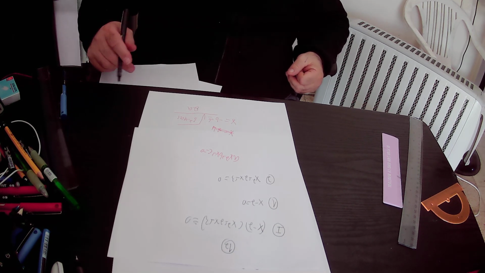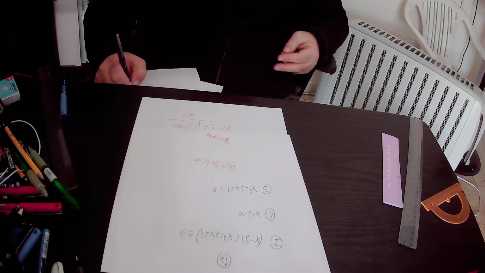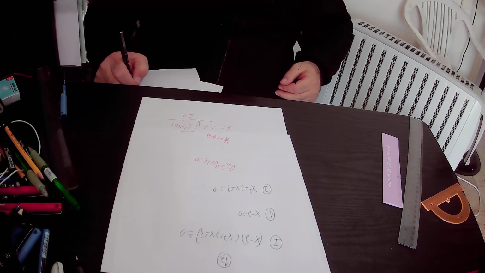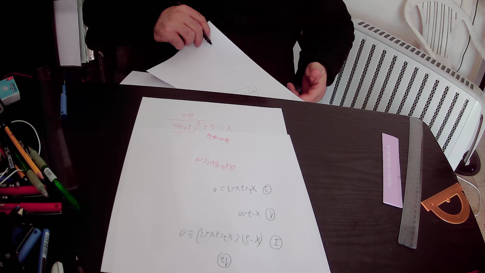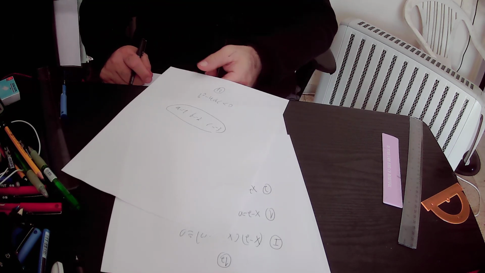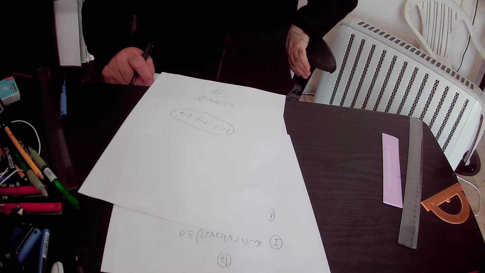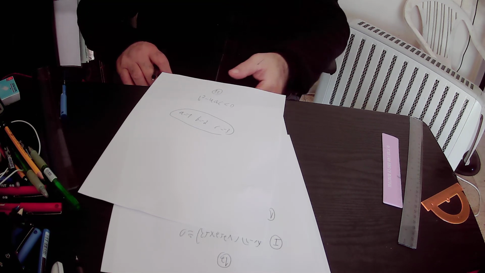So we know that in our specific quadratic equation, a equals 1, b equals 2, and c equals 3. Okay, so we'll check now whether the discriminant is negative, in which case there is no real solution to the quadratic equation. So a equals 1, b equals 2, c equals 3.